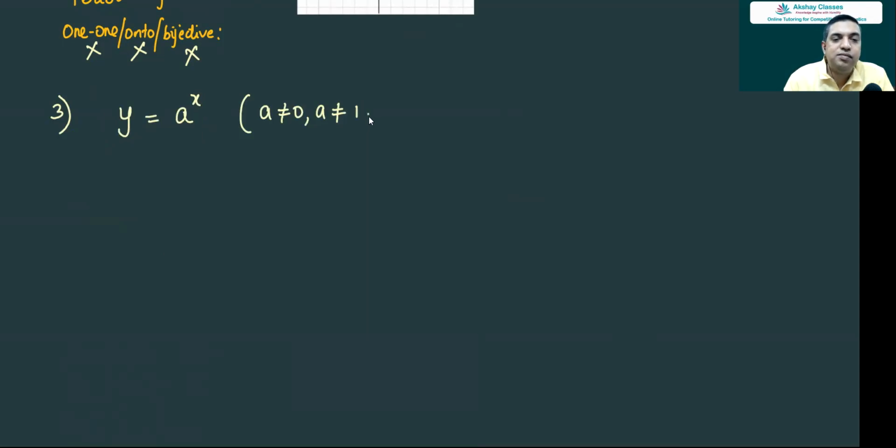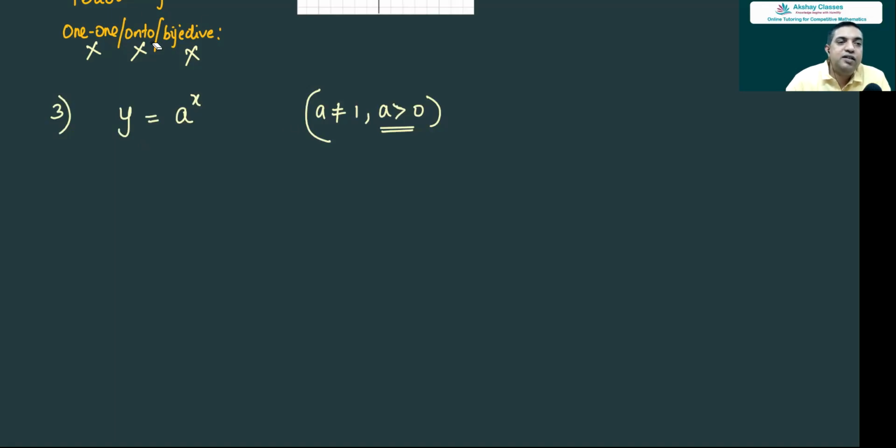And a has to be positive. A cannot be negative. So we can write this simply as two conditions: a not equal to 1 and a is positive. So that includes a not equal to 0.